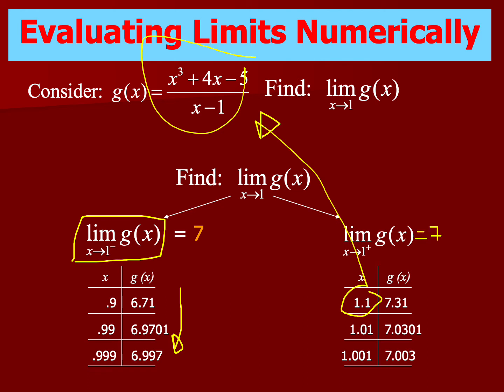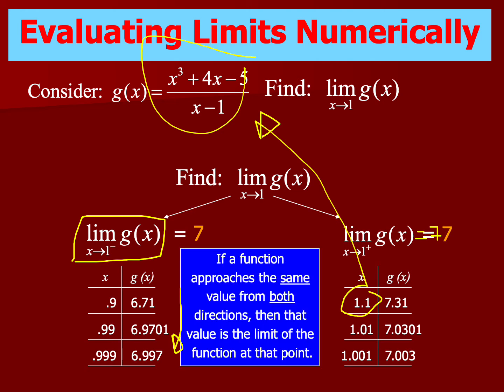Since both are equal, as we mentioned before, if the limit from the left equals the limit from the right, we say the limit exists and equals 7. If a function approaches the same value from both sides, left and right, we can say the limit exists and equals 7.